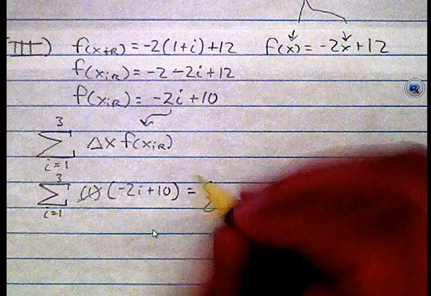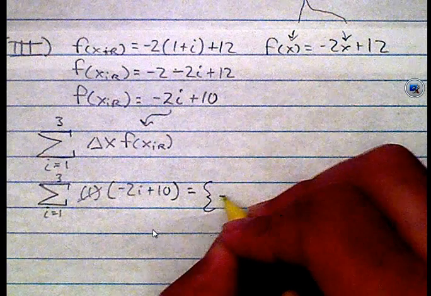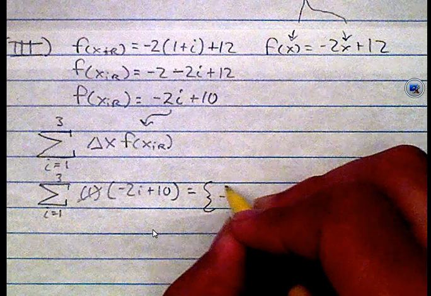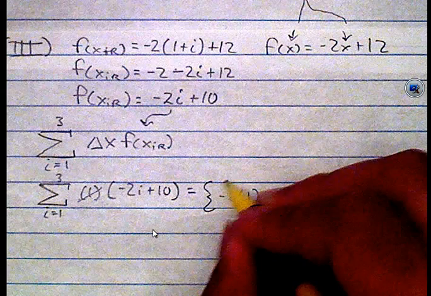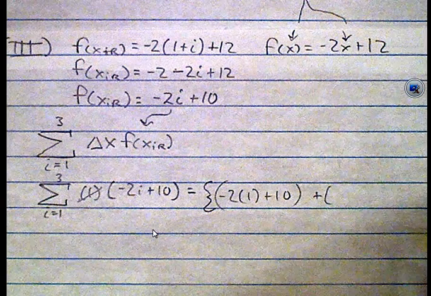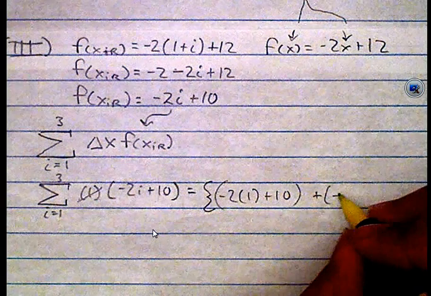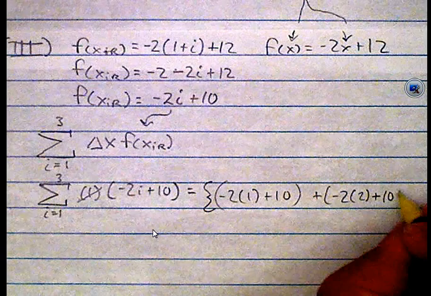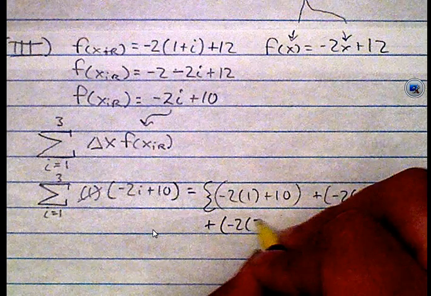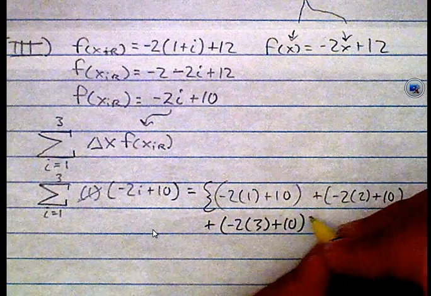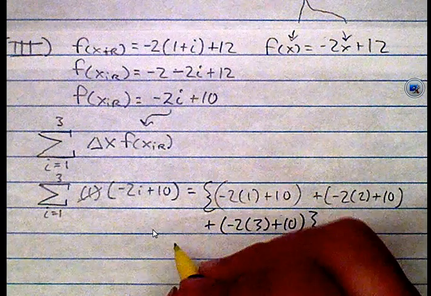Let's plug in 1, 2, and 3. So negative 2 times 1 plus 10, plus negative 2 times 2 plus 10, plus negative 2 times 3 plus 10. Let's hope we get 18, otherwise something's wrong.